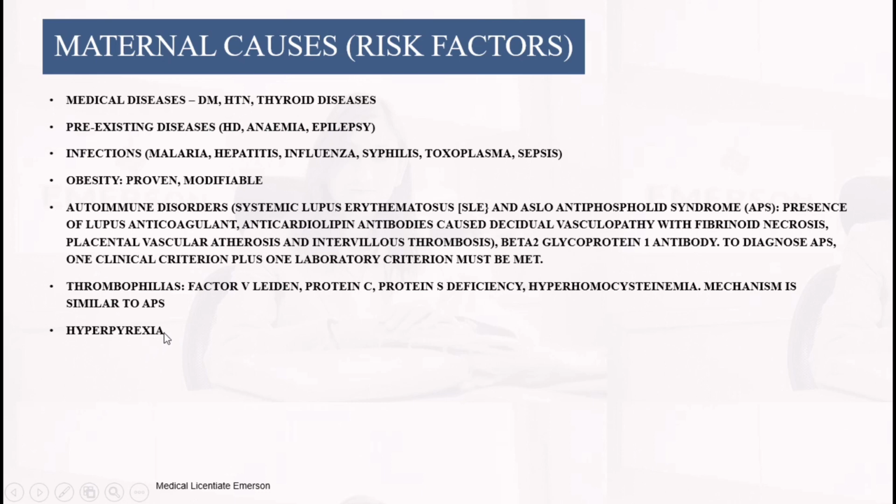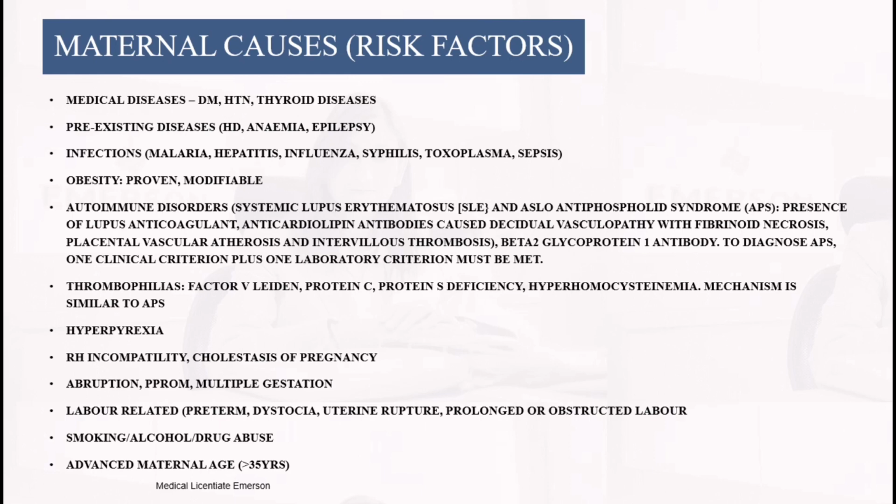Then we have hyperpyrexia, Rh incompatibility, cholestasis of pregnancy, abruption, which is placental abruption, PPROM, multiple gestation. They also have labor related causes such as preterm dystocia, uterine rupture, prolonged or obstructed labor. Then we have, of course, smoking, alcohol, drug abuse, and advanced maternal age, specifically more than 35 years old.